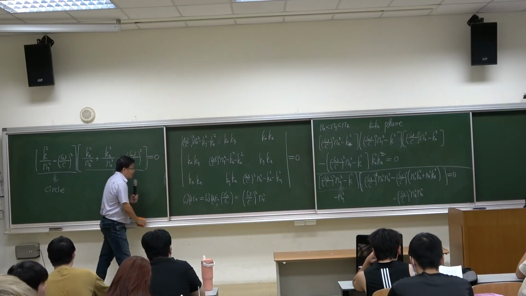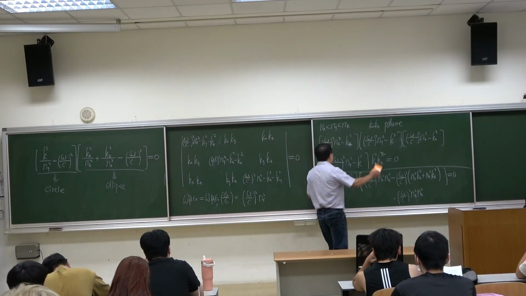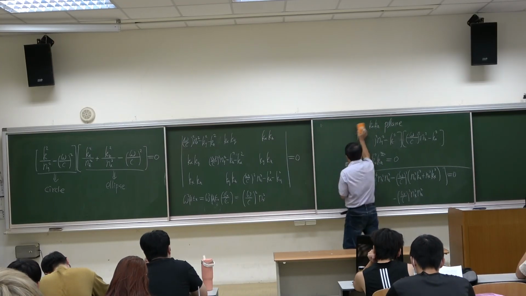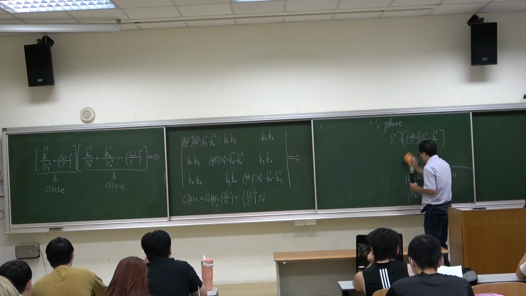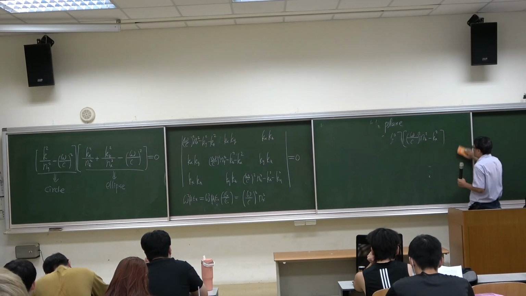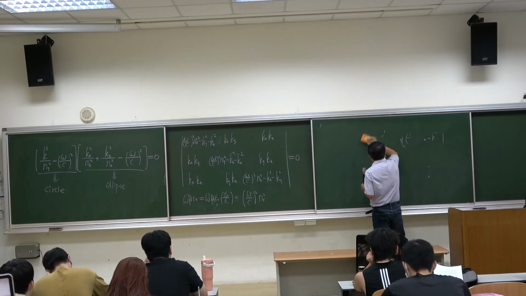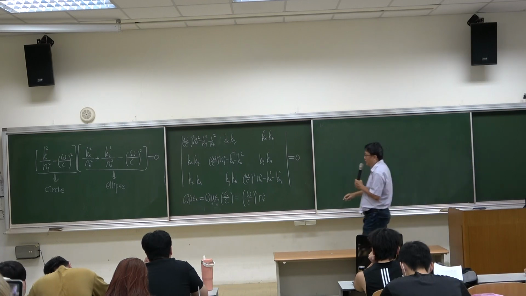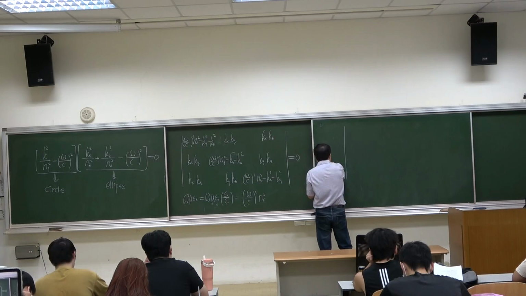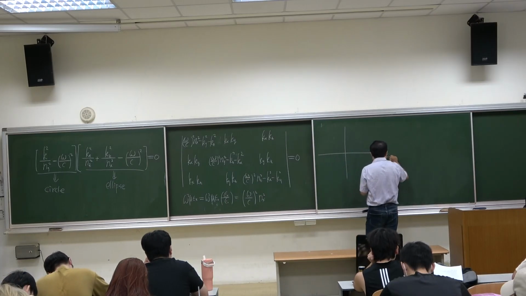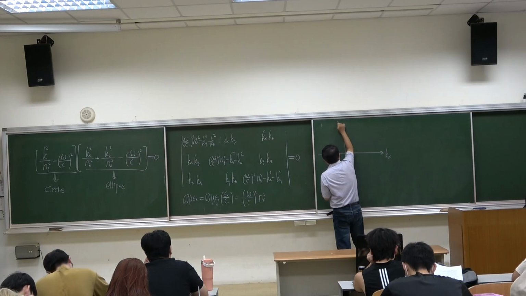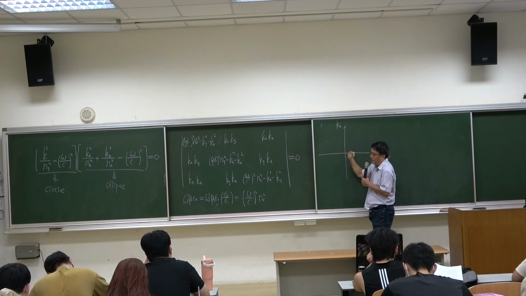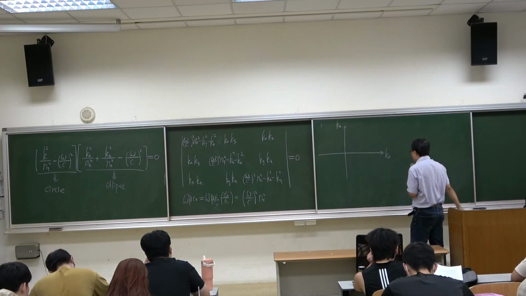So if you plot them together, here I have kx, kz left. Ky is along the direction perpendicular to the board.